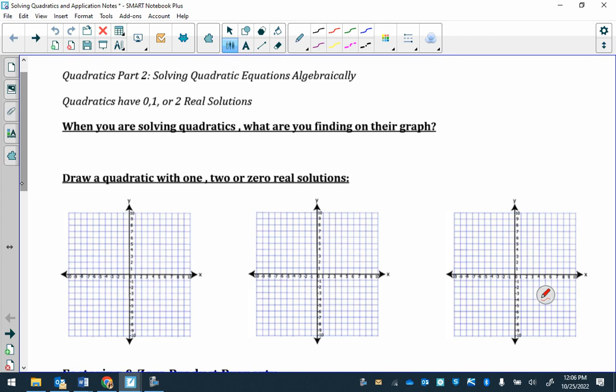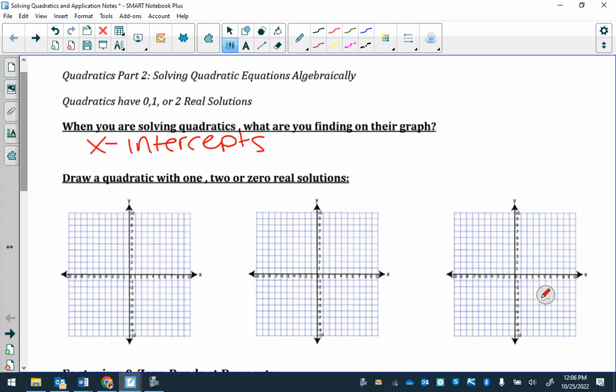But when we're solving, so I showed you 2 options on the warm-up. When we are solving, what are we actually trying to find? Yeah. The x-intercepts. Okay. When we are solving, we are finding x-intercepts.